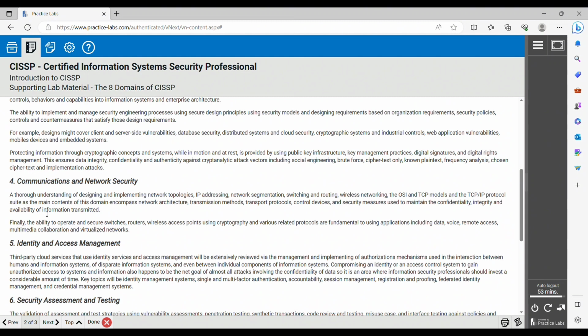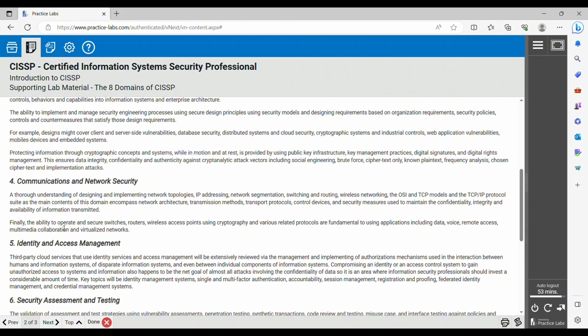A true understanding of designing and implementing network topologies, IP addressing, network segmentation, switching and routing, wireless networking, the OSI and TCP models, and the TCP/IP protocol suite as the main contents of the domain encompass network architecture, transmission methods, transport protocols, control devices, and security measures used to maintain the confidentiality, integrity, and availability of information transmitted.